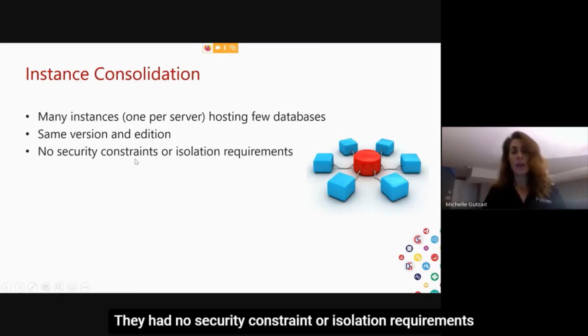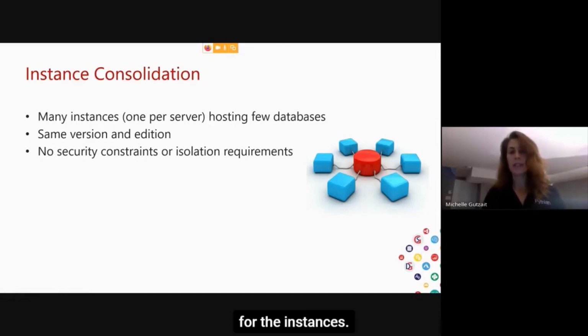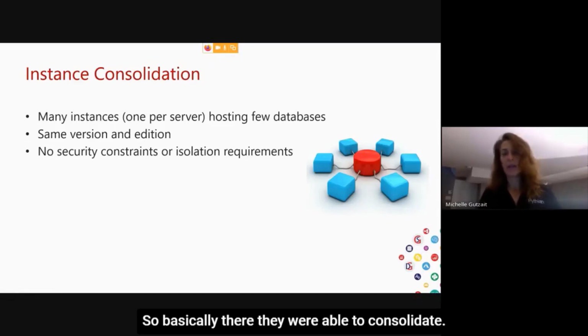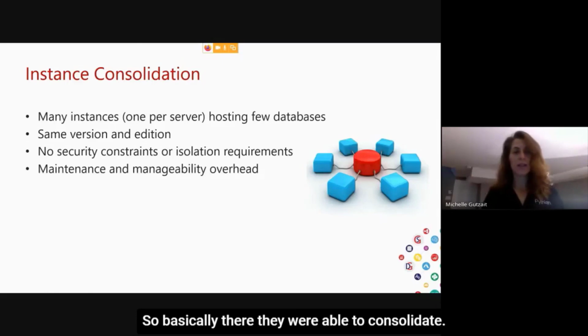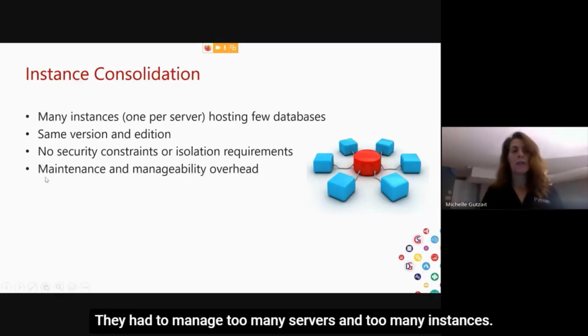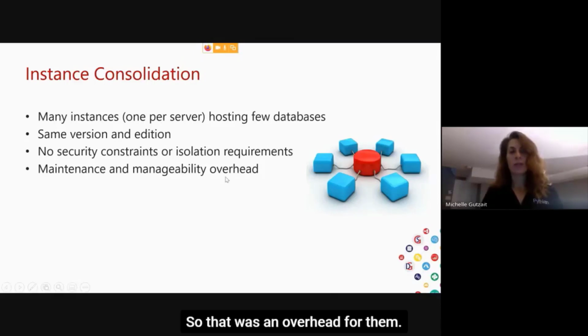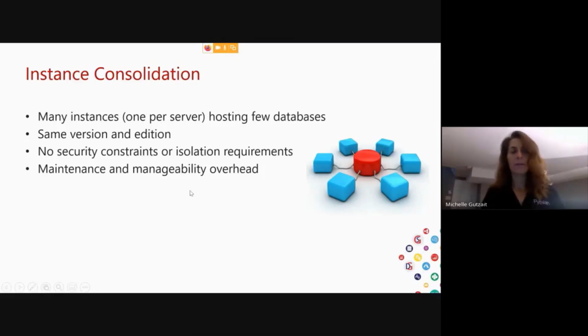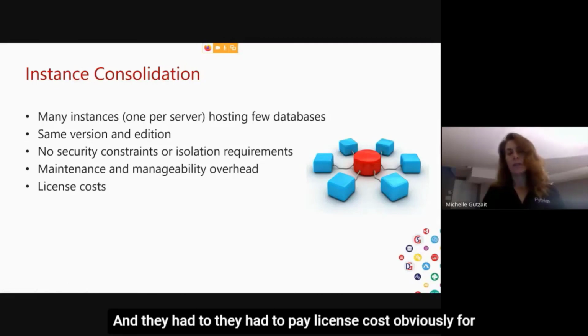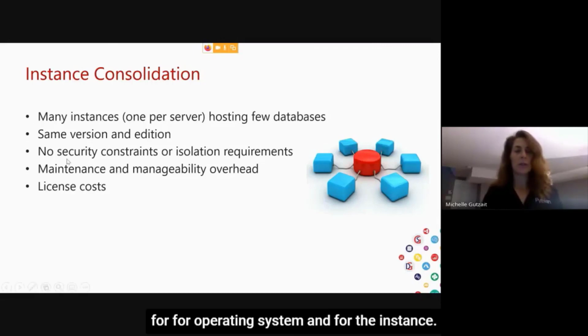They had no security constraints or isolation requirements for the instances, so basically they were able to consolidate. They had to manage too many servers and too many instances, so that was an overhead for them. And they had to pay license costs, obviously, per operating system and per instance.